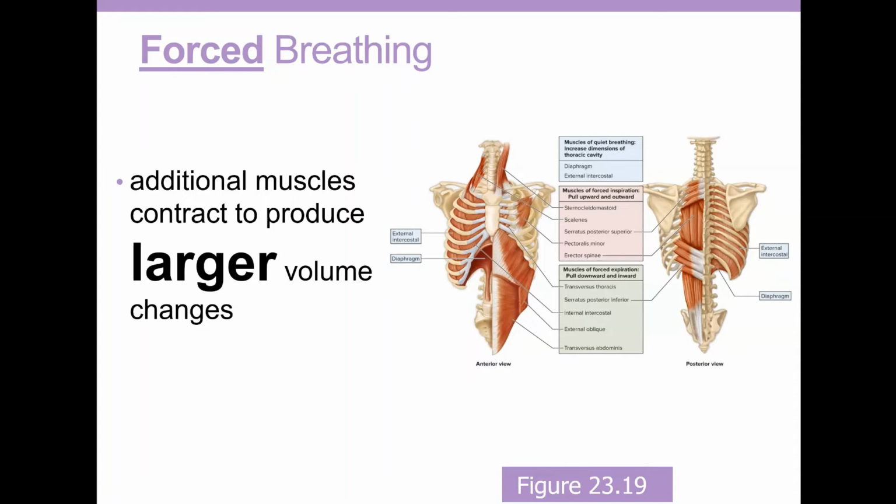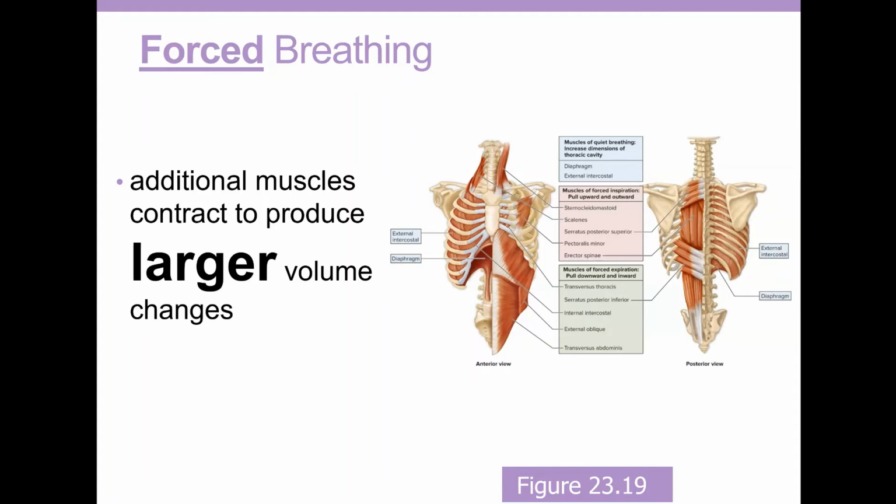And when you get bigger changes in volume, you will get bigger changes in pressure. Bigger changes in pressure mean bigger changes in the amount of air coming in and the amount of air going out. And so it's going to make more noise and it's a more forceful breath.